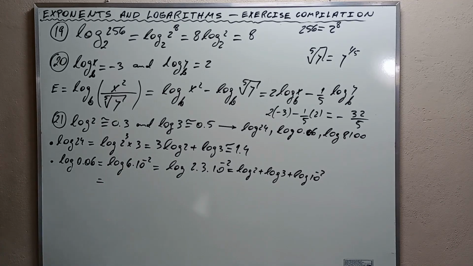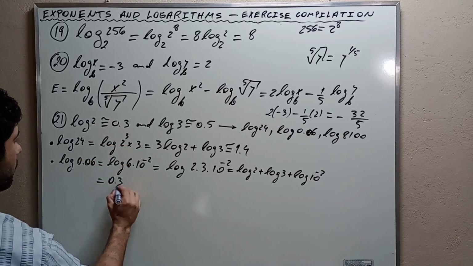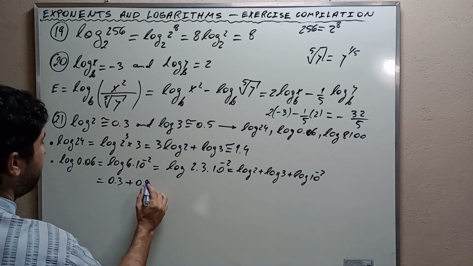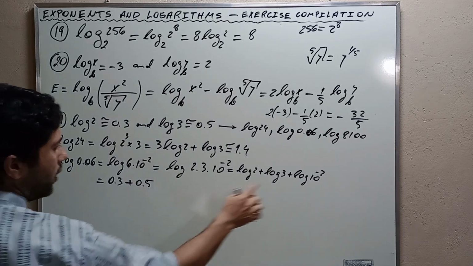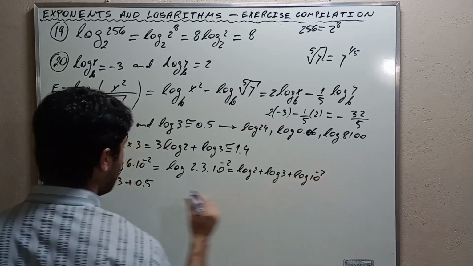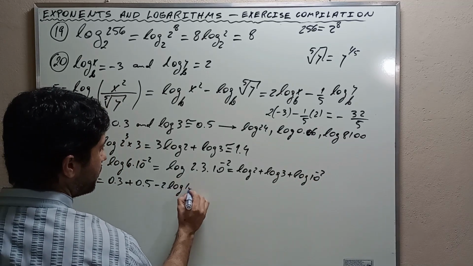The logarithm of 2, the exercise said it is 0.3. The logarithm of 3, the exercise said it is 0.5. And using the property of the power, minus 2 times the logarithm of 10 base 10.